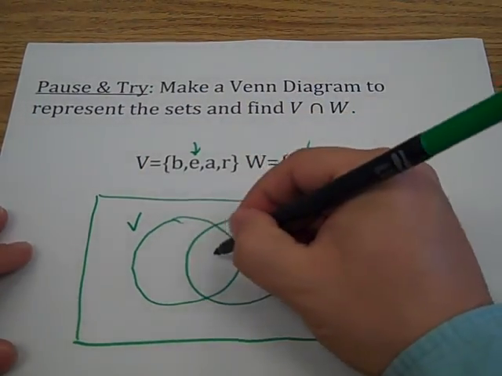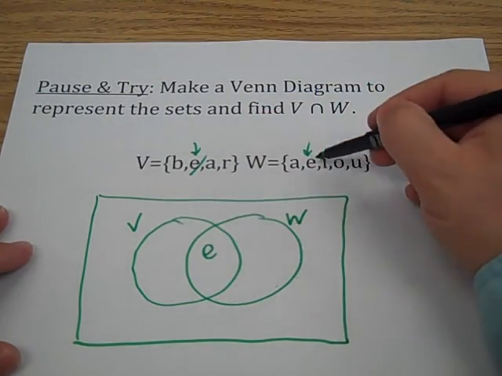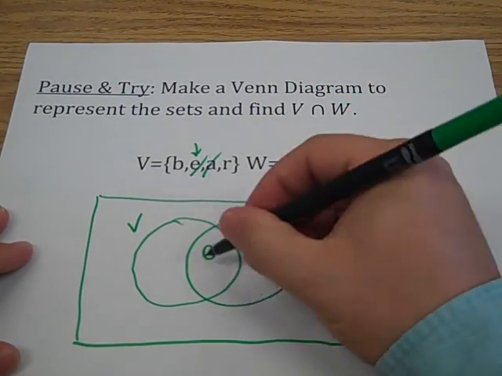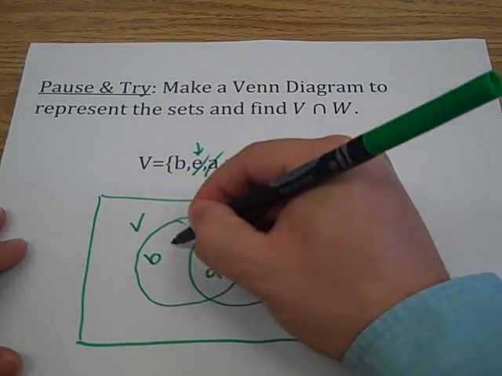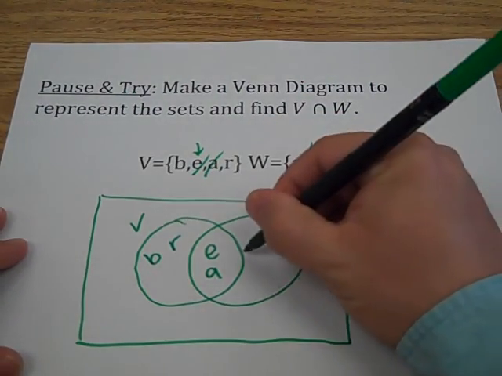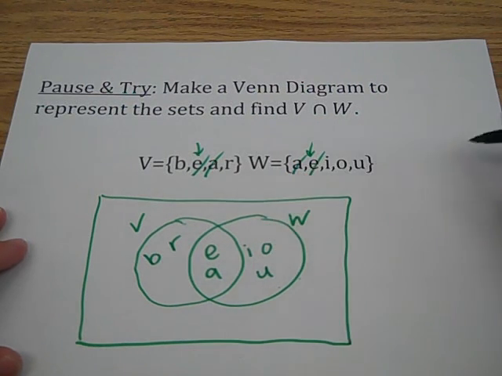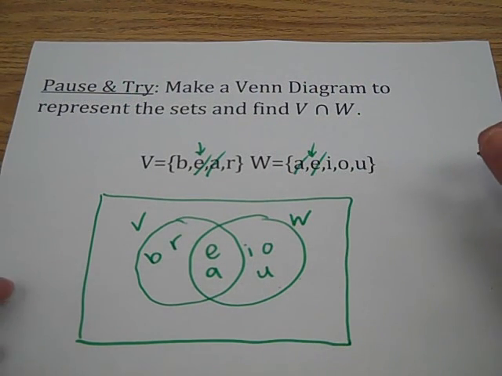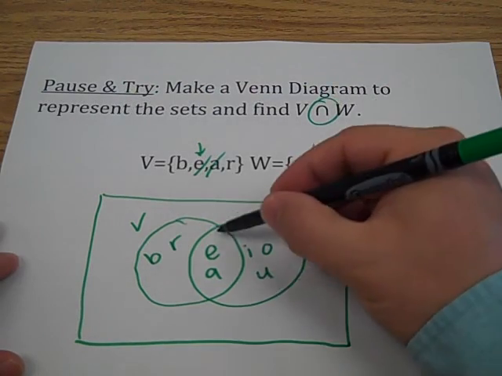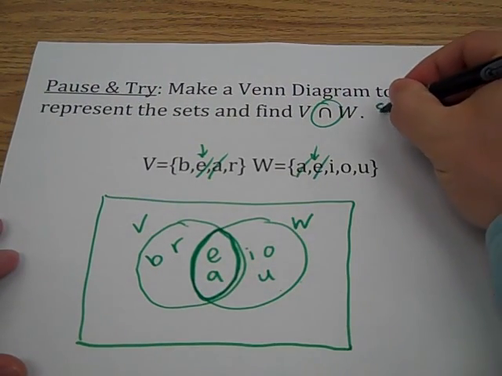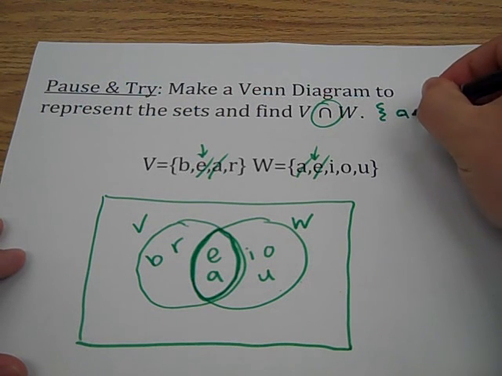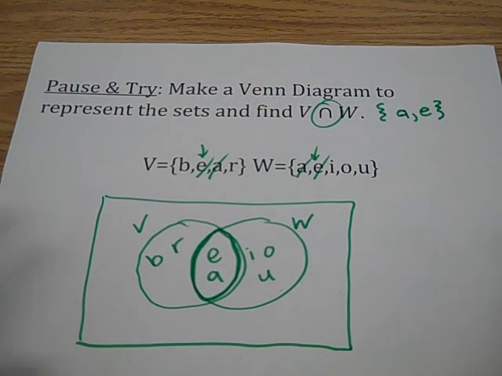They both have E's. They both have A's. And that's it. V has a B and an R. W has an I, an O, and a U. The intersection is where they both have the same letters right there in the middle, so the intersection of those sets is A and E.